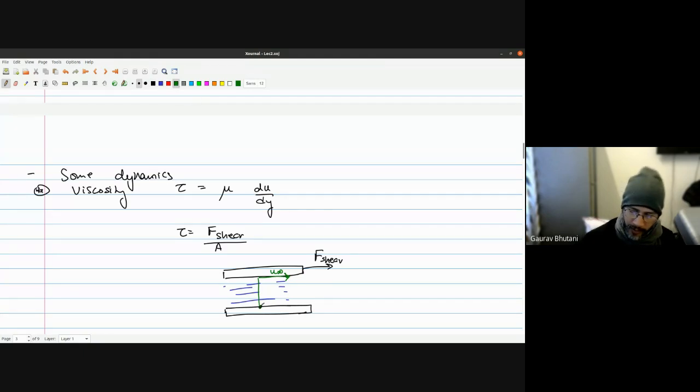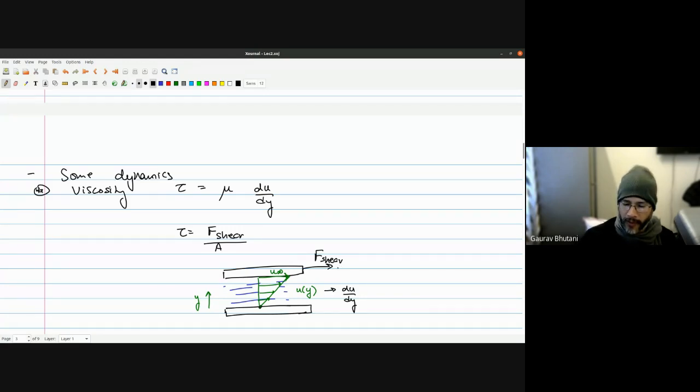So the fluid that is contacting the lower plate is stationary. What you see is there is a velocity distribution with height. If this coordinate is y, then you get u as a function of y. From this you can calculate du by dy. And of course, F shear is something that you are applying.